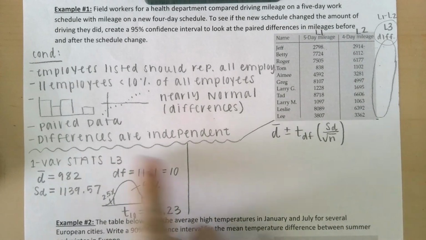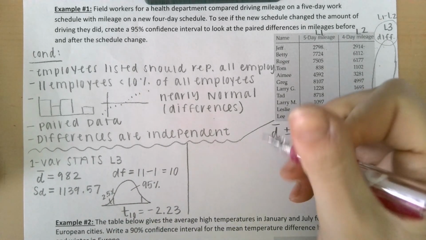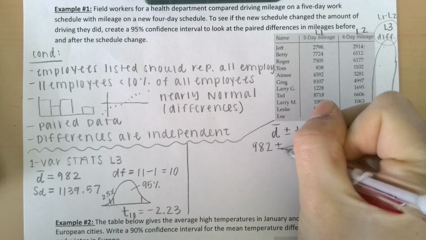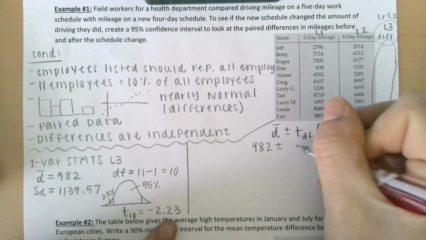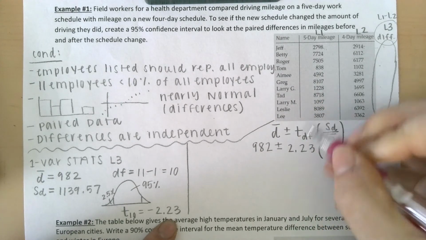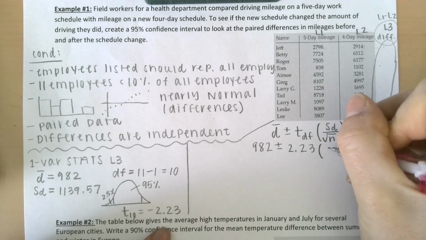I now have all of these values, so we can go ahead and plug in. So I have 982 plus or minus my t-score, 2.23. I'm just making that positive again because of that plus or minus.